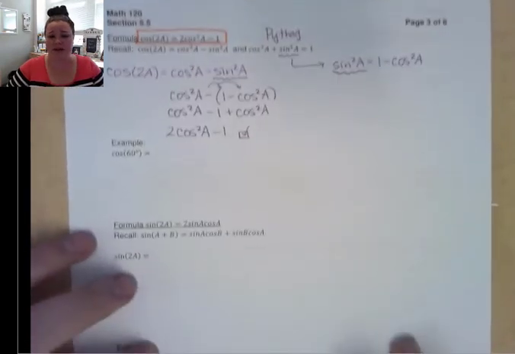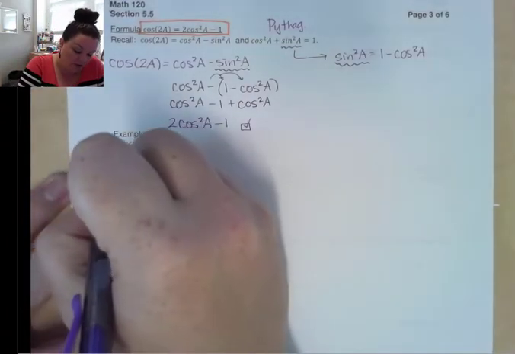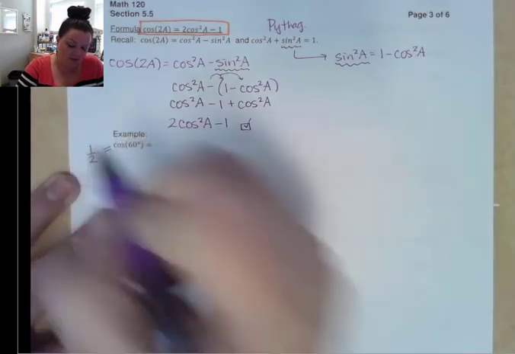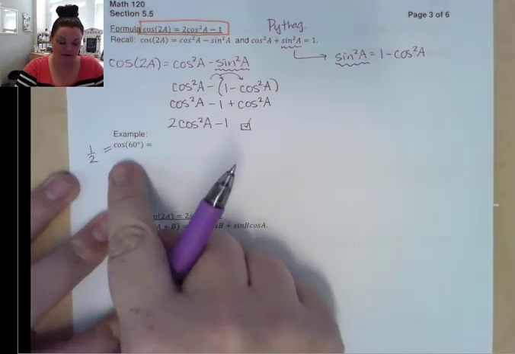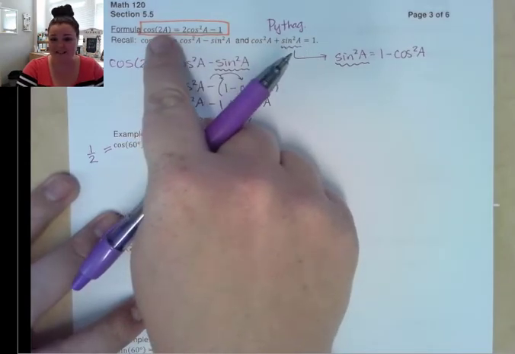And now we just want to go ahead and verify it, okay? Just like the other ones, it's always good to do an example with real numbers to make sure we got the correct value. So again, we already know that cosine of 60 is equal to 1/2, but let's go ahead and verify it with this new formula. So the first thing I want to do is I want to write it as a double angle.